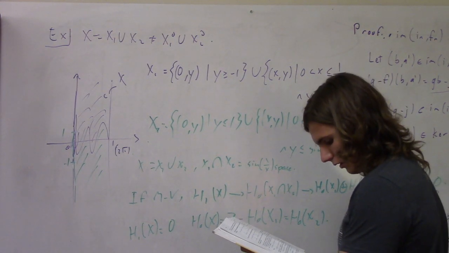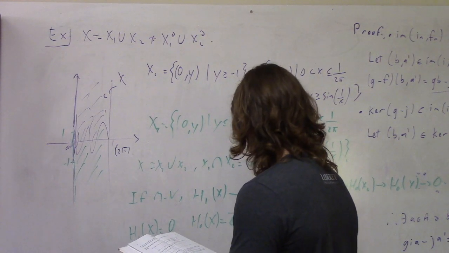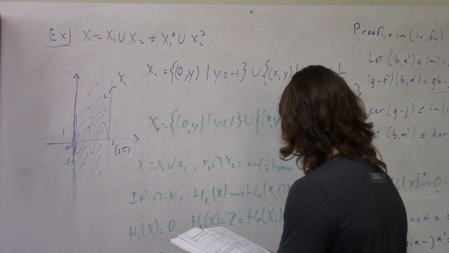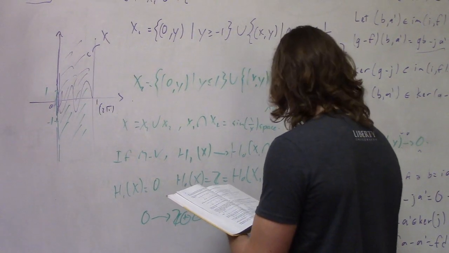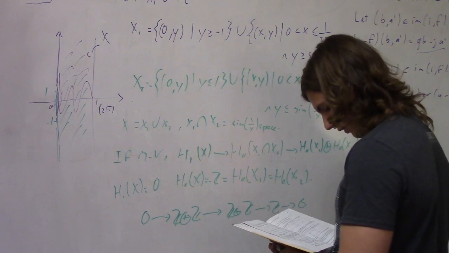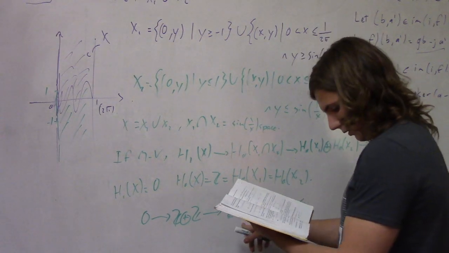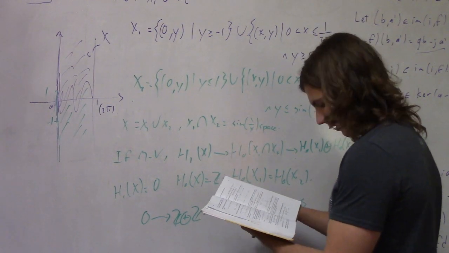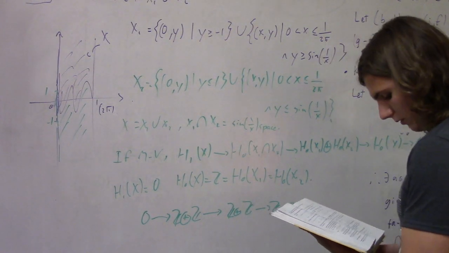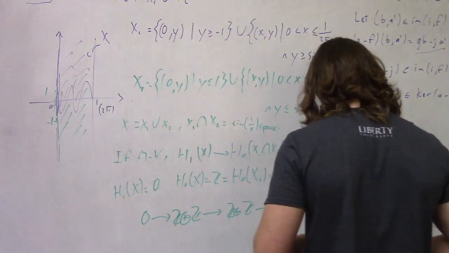So that gives us this exact sequence: 0 to Z direct sum Z to Z direct sum Z again to Z to 0. Which contradicts exercise 5.5, which says that the rank of the second one has to be equal to the rank of the first plus the rank of the third. It's clearly not true, because it's rank 2, rank 2, rank 1. There you have it. So this explains why having that is important.